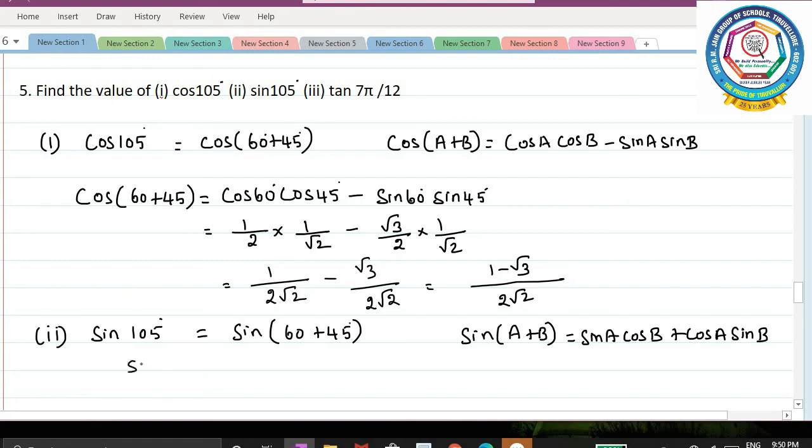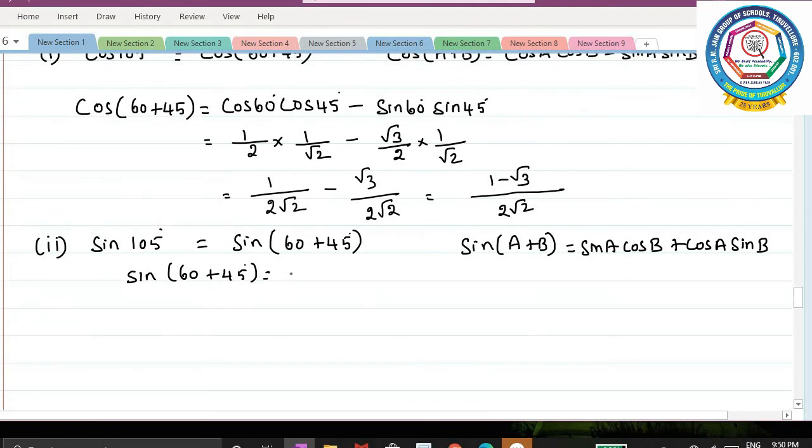So sin of 60 plus 45 equal to sin A place is 60, sin 60 into cos 45 plus cos 60 into sin 45. Sin 60 value, that is equal to root 3 by 2.